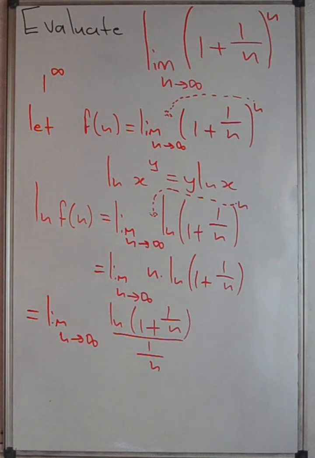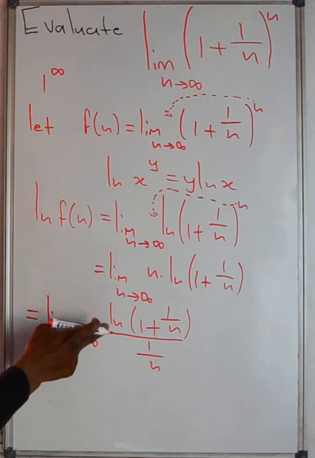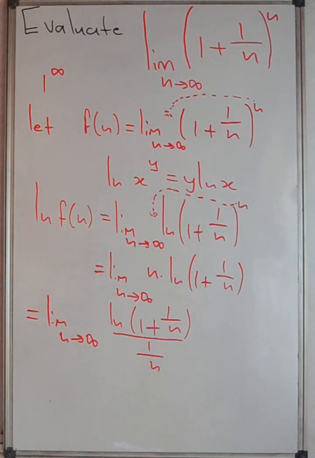So now we are going to use L'Hopital. In order for us to use L'Hopital, we can see that this ln is a function, but inside this function we have a nested function of 1 plus 1 over n. So we are going to use what is known as the chain rule.